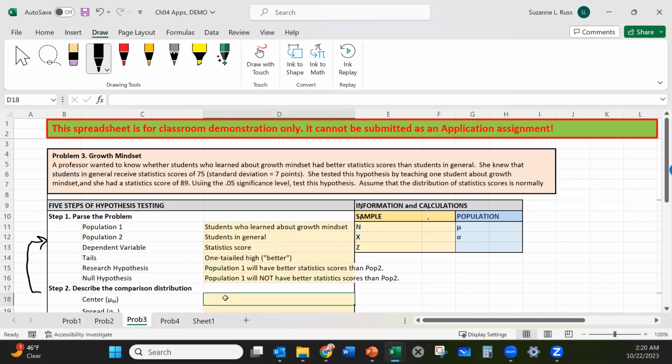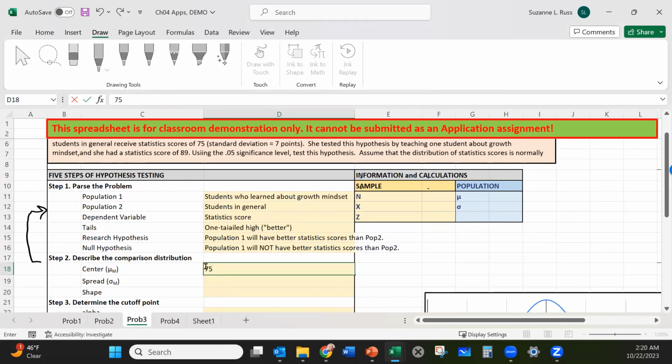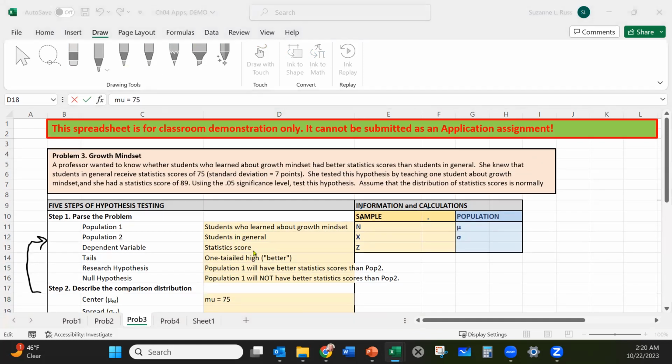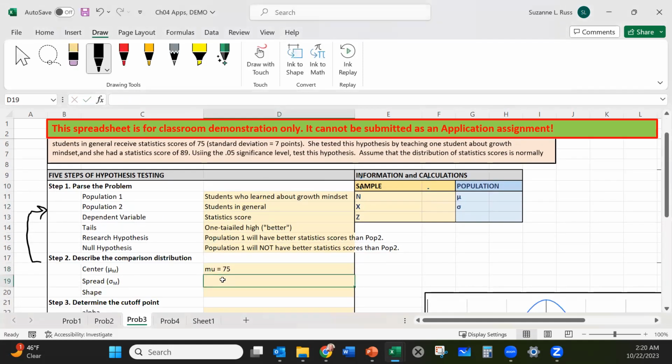So that's the center, the average, 75. And I'll make the mu here. The spread is listed as standard deviation 7. And the shape is normal.